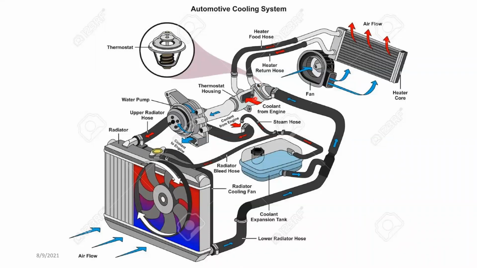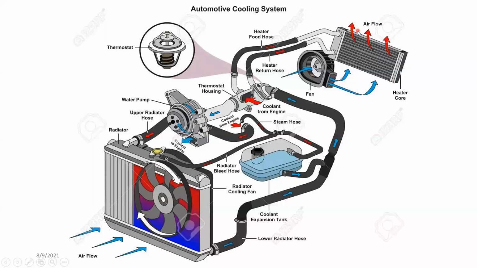The heat absorbed by the coolant will transfer through these lines to the heater core, and then come back to the engine again. The blower fan sends airflow through the heater core.